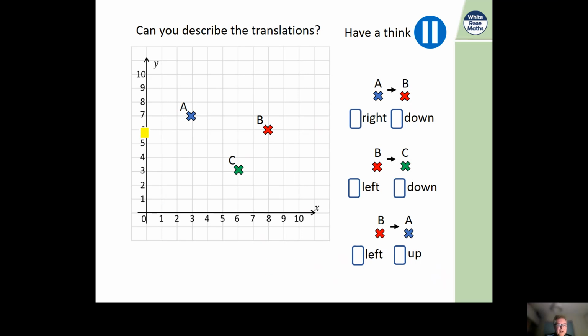Have a go, and I'd really like you also to plot the points A and B. So this one is (3, 7), and B is (8, 6), and then describe the movement.